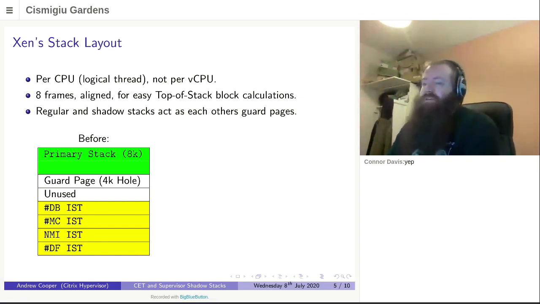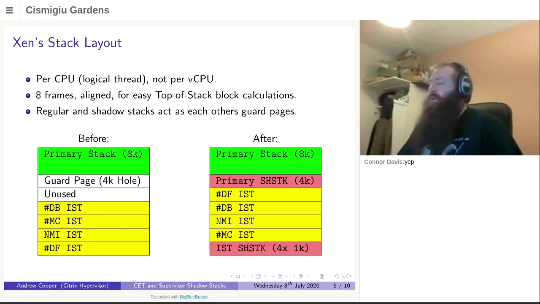Double fault is a last-ditch attempt to get some useful debugging out. The other 3 exist in this form only because of the syscall instruction. Any of those can occur after we have switched from user to kernel privilege, but before switching the stack. So all of these need to be covered specially as a result.